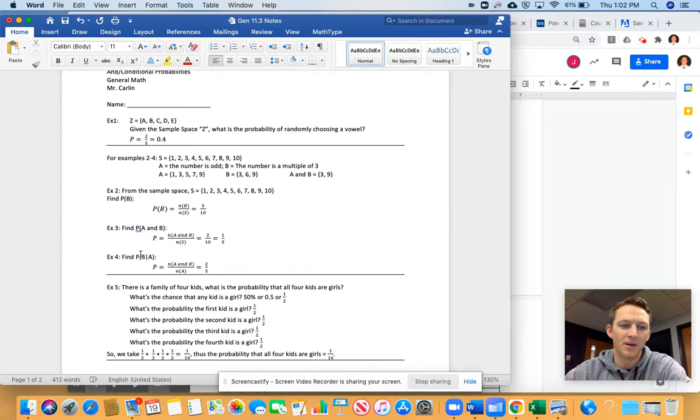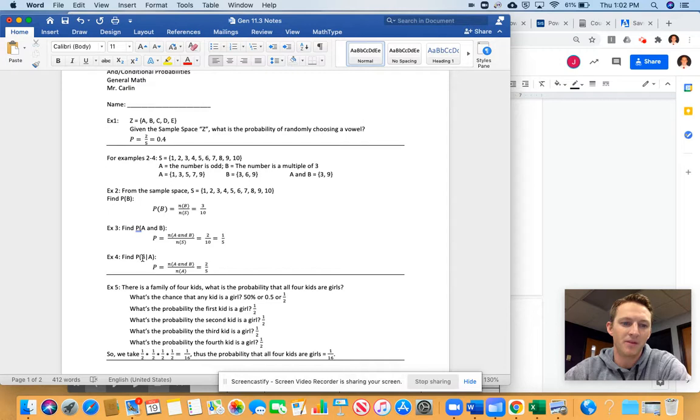Now, what's the probability of B given A? So basically this means we know we're working with set A. What's the probability that we select 3 or 9? 3 and 9, there's 2 elements in A and B. Sorry, I'll explain this again.